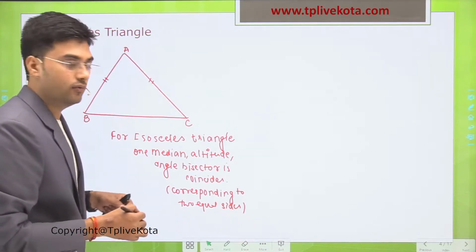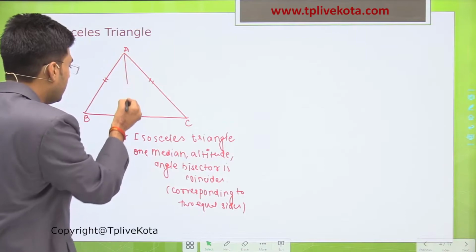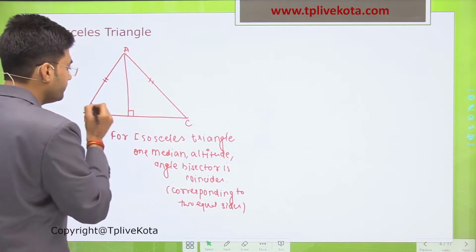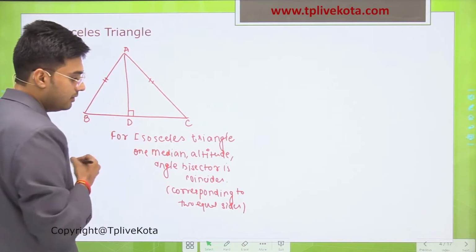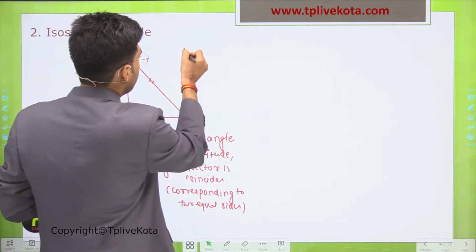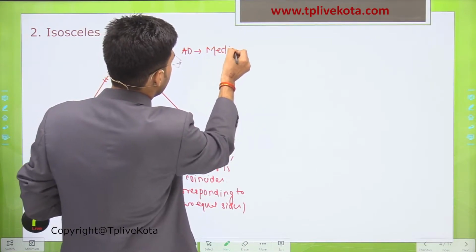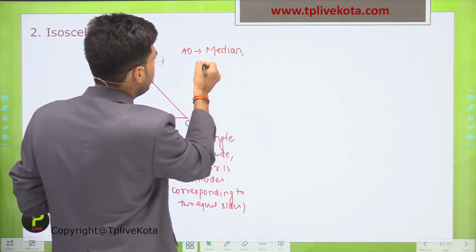Clear? So we can say that the altitude from A is also the median. Let this be AD. So AD is the median and it is also the altitude.